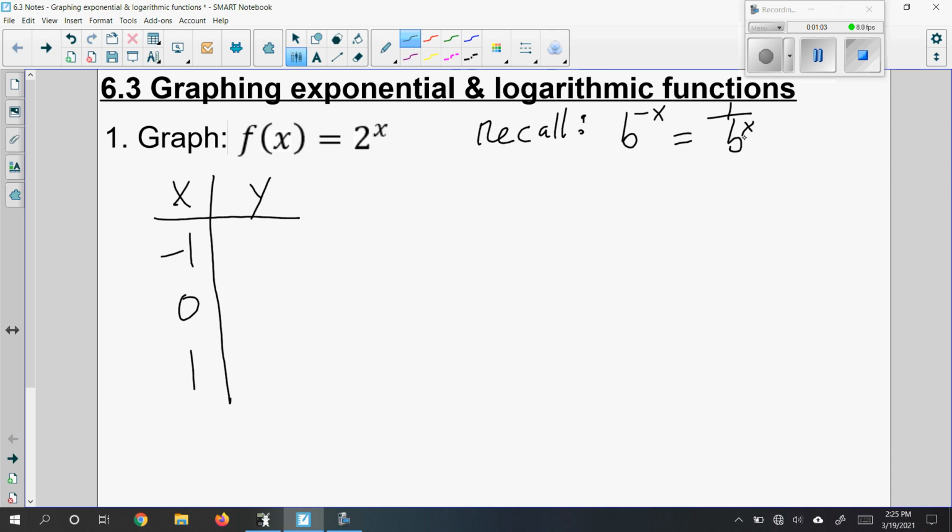So 2 to the power -1 is 1/2. 2 to the power 0 is 1, and 2 to the power 1 is 2. All exponentials have a horizontal asymptote of x equals 0, unless we transform. Oops, I'm sorry, that's y equals 0.